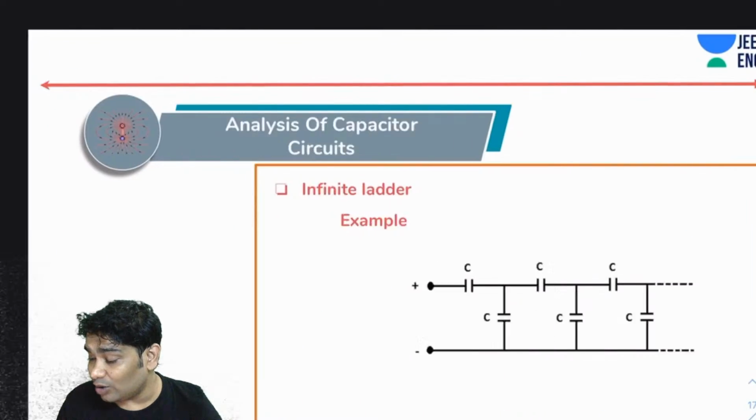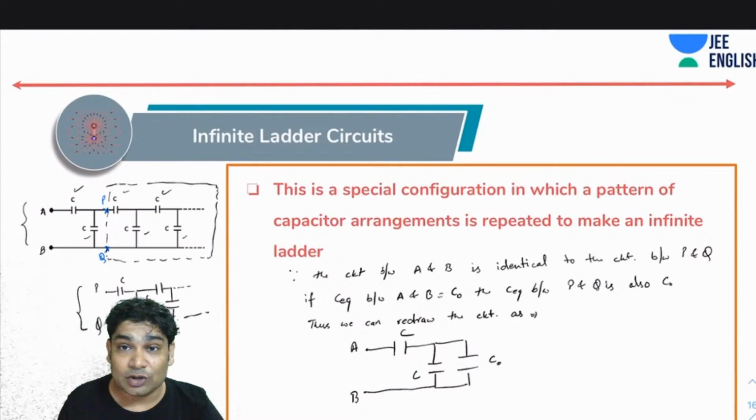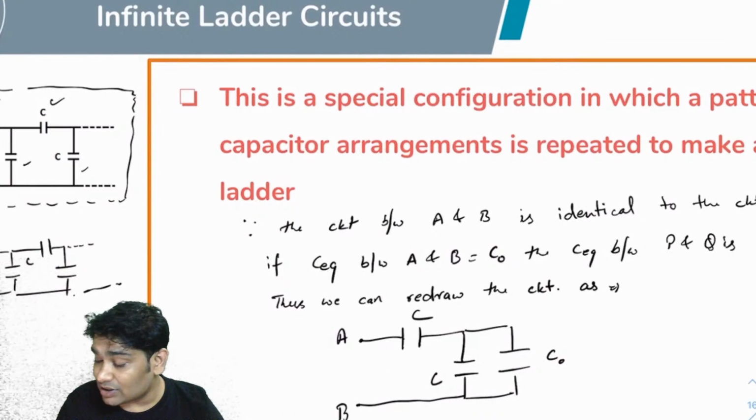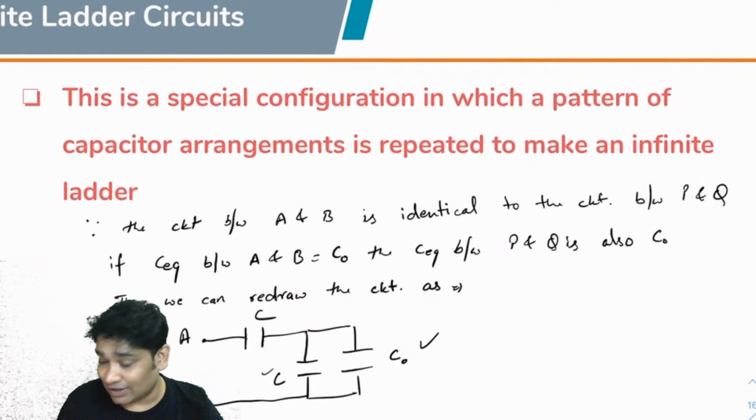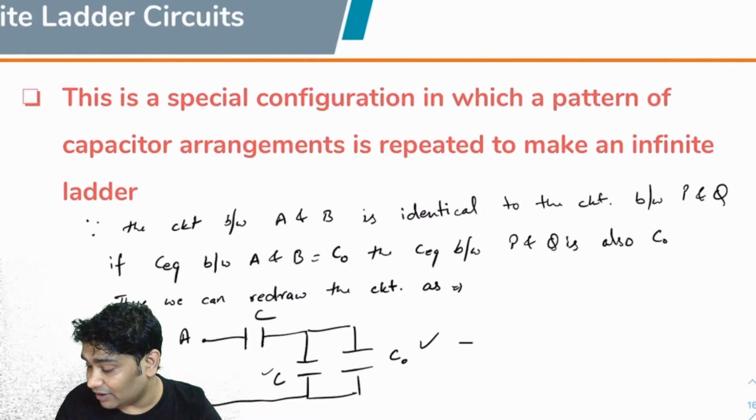Okay, so now how do I solve this? And now I can solve this very easily. I know C naught and C are in parallel. So let's draw the equivalent.